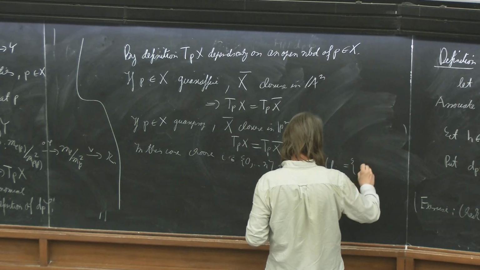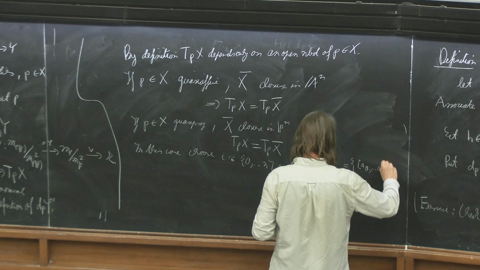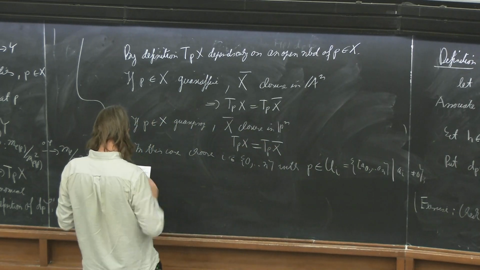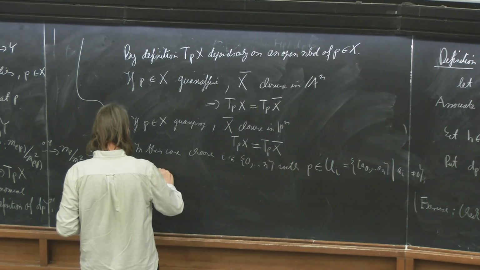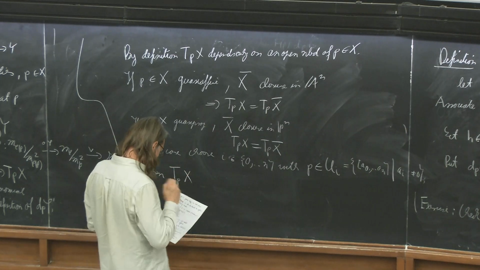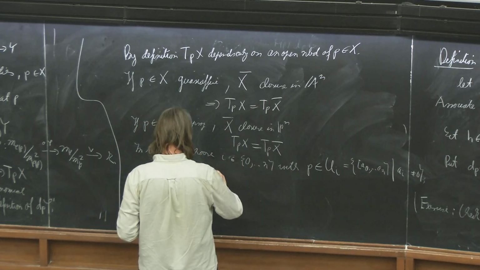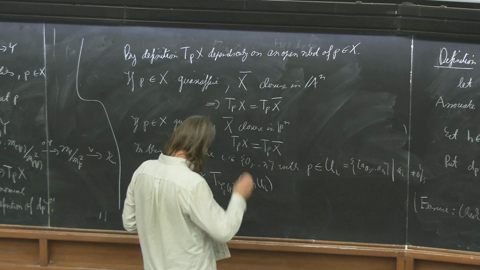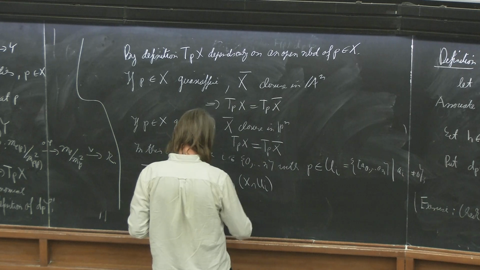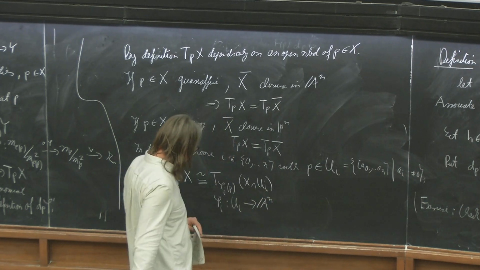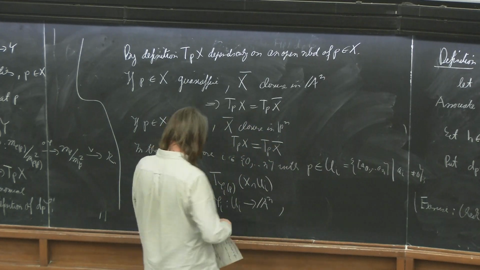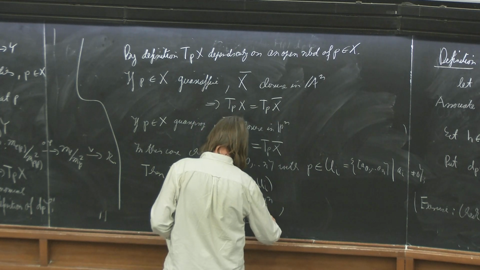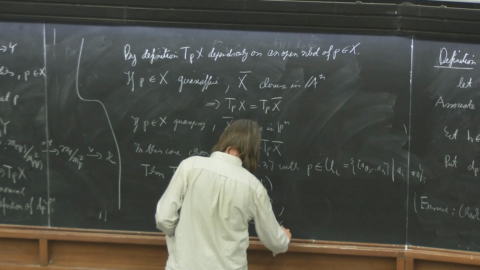That means the tangent space T_P X will just be isomorphic to T_phi(P) of X intersected U_i, where phi is the usual map from U_i to A^n, which maps (x0, ..., xn) to (x0/xi, ..., xn/xi).